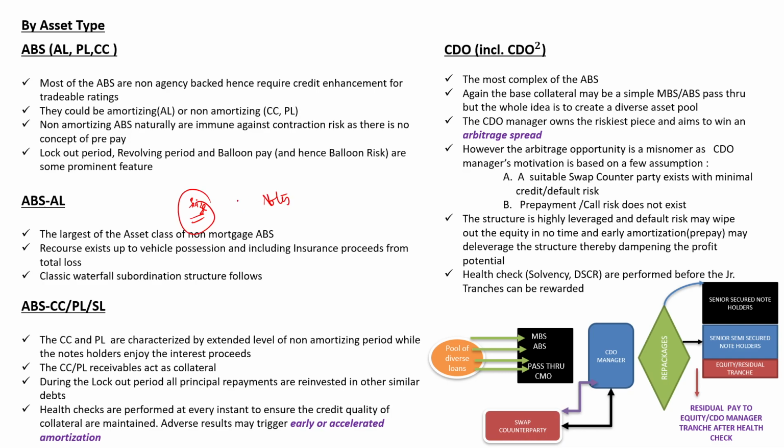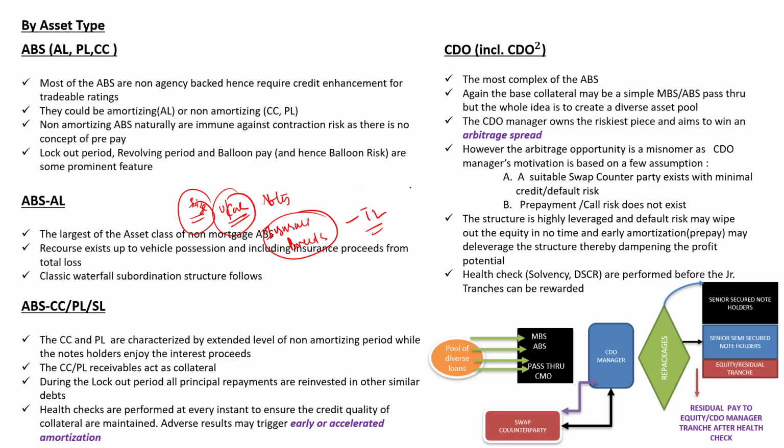So it's not only the underlying car under consideration, but also the insurance proceeds as well that accrue to the notes holder in case there is a total loss. Now this is a typicality of the auto loan ABS.